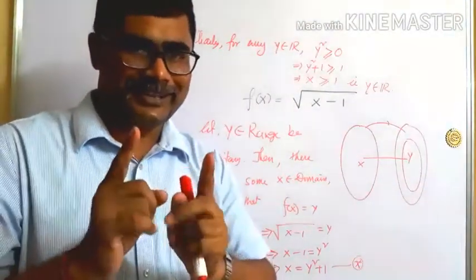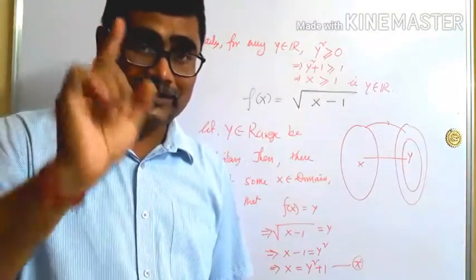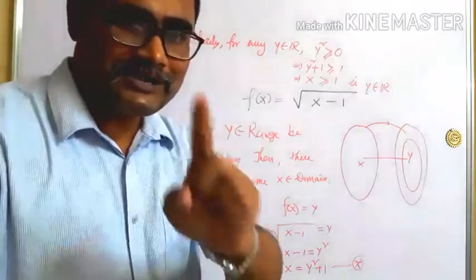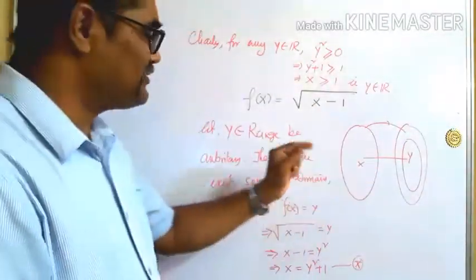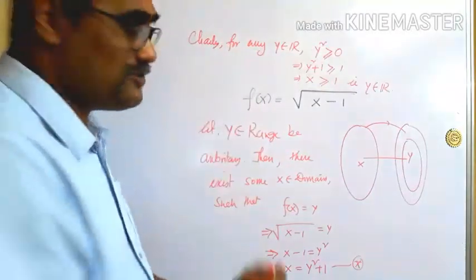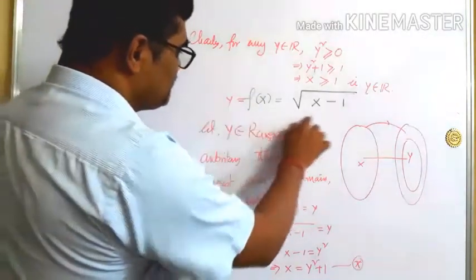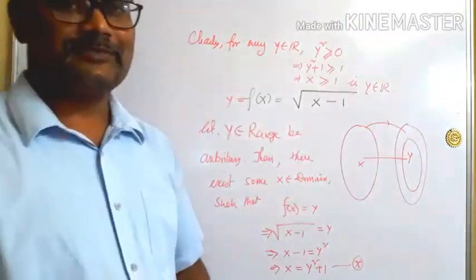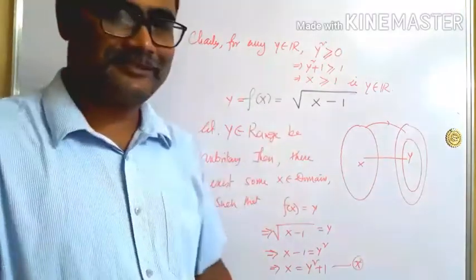No, there is a point again I am telling you. In the last question it was not valid, but here it will be valid. What is the point? For that you have to come back to the original definition. See, f(x) is equal to y. That means y is nothing but root over x minus 1. What is the sign in front of this?